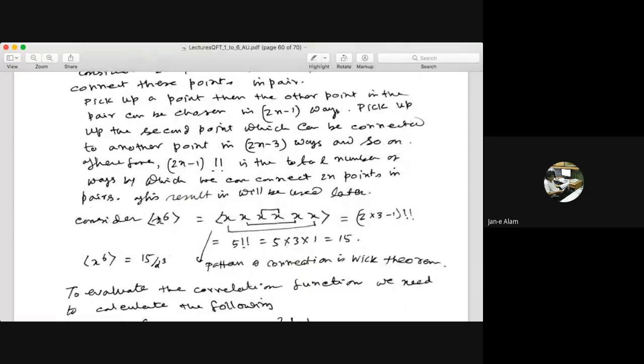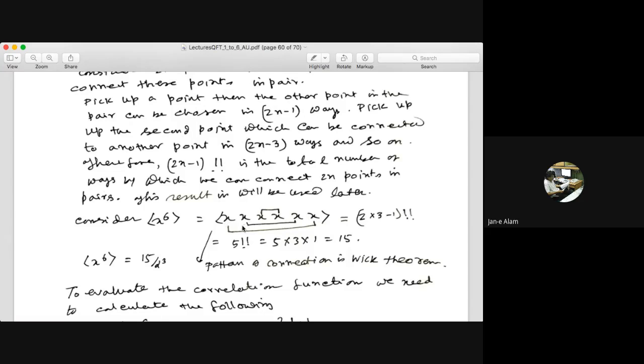With an example, I have shown you x to the 6. You can just get an idea that when I calculated the propagator, I calculated the product of two fields, phi x and phi y. Now you can have 4 phi's or 6 phi's involved in a particular case. When you calculate their average value, you need to know this technique, which I will elaborate later. So x to the 6 I can write as a product of 6 x's, and then you can see how I can pair them.